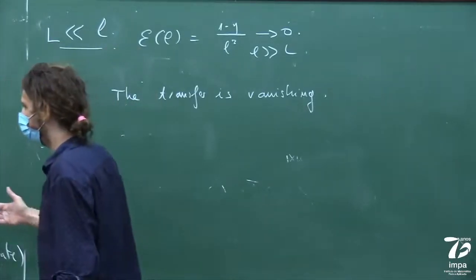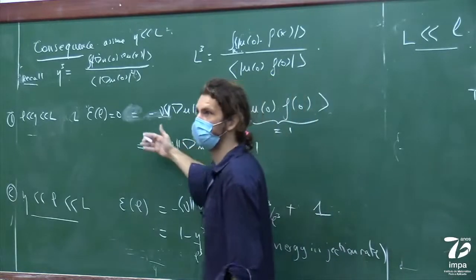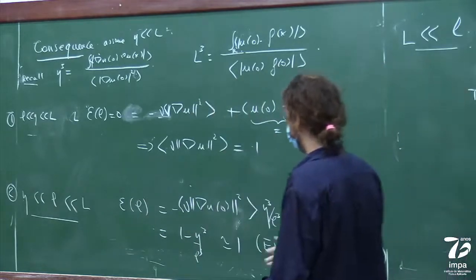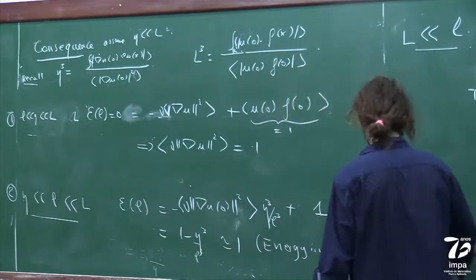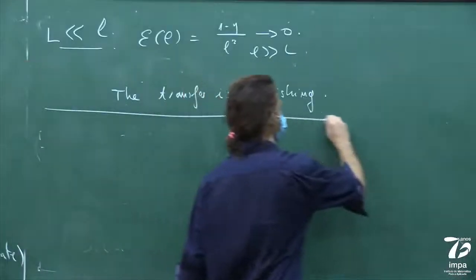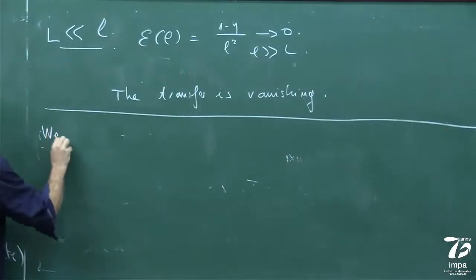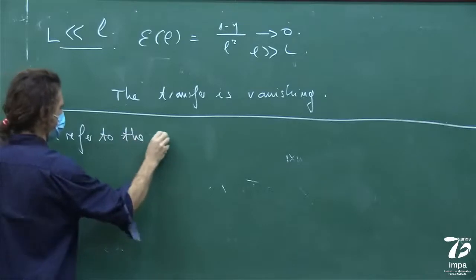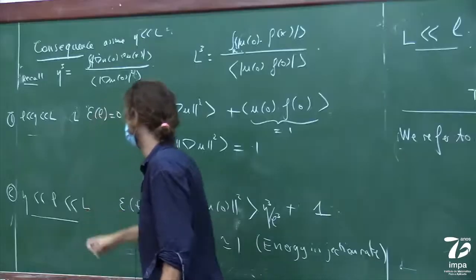So in this picture, there is only one scale where epsilon L is constant, and this range here we refer to as range two.